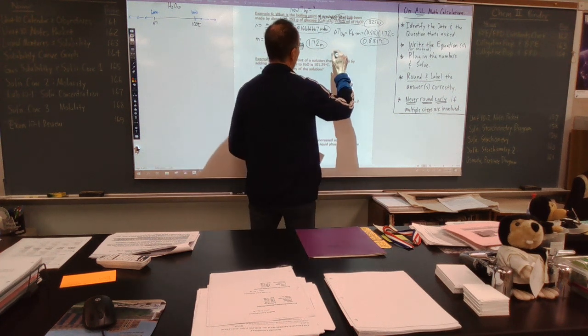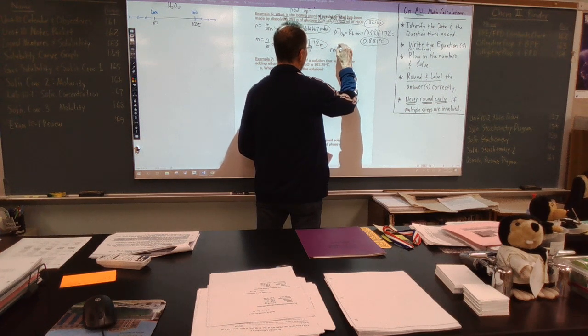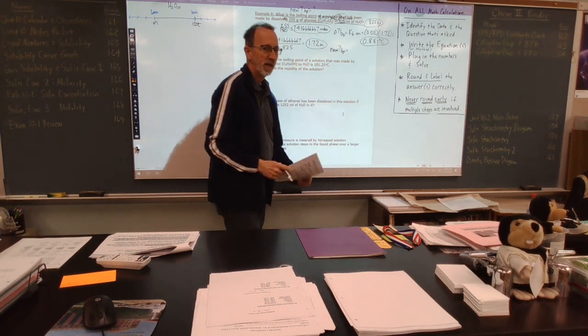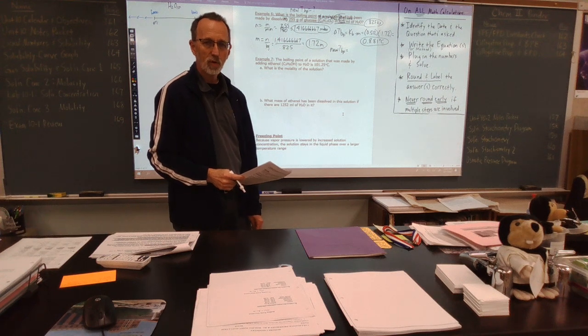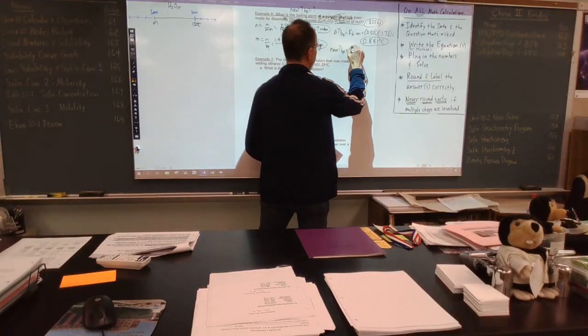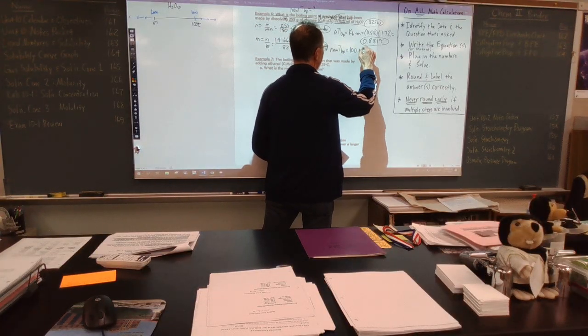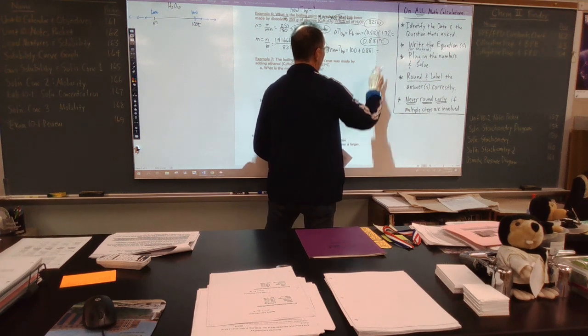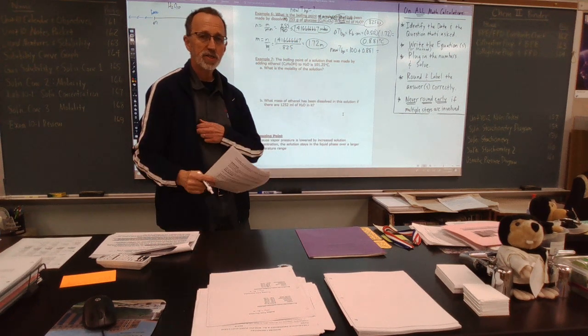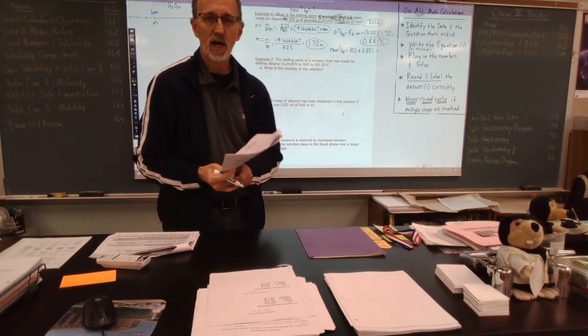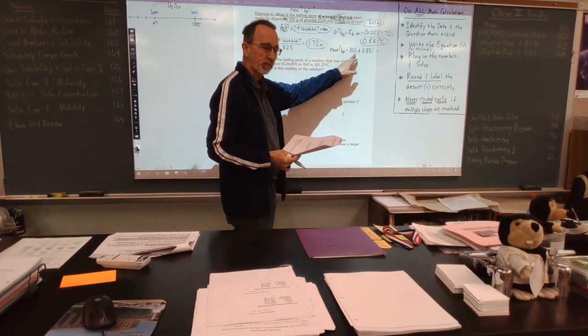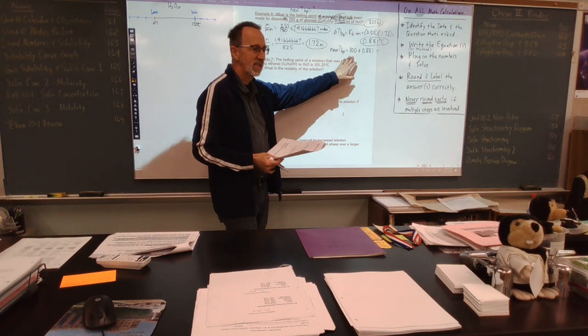Okay, so the new boiling point temp would be water's original boiling point as a solvent, which is 100 plus 0.881. Now, we are not going to round this down to the whole number because this is a constant.